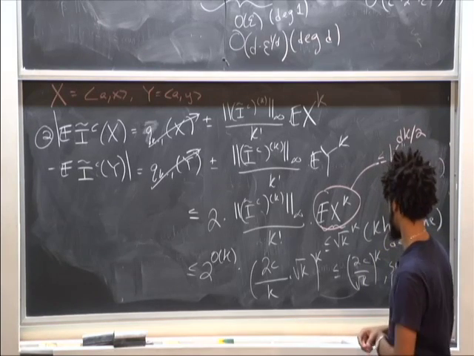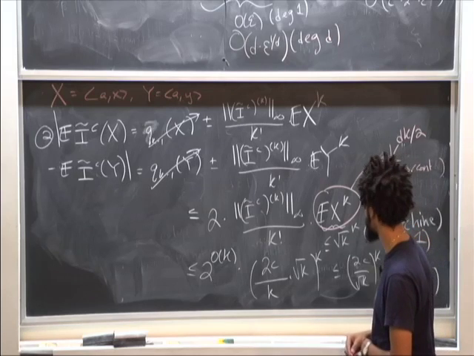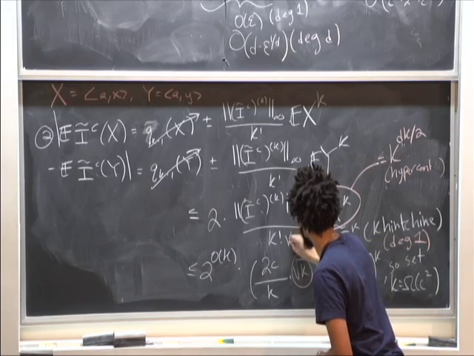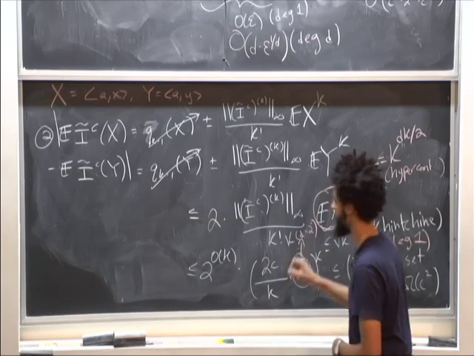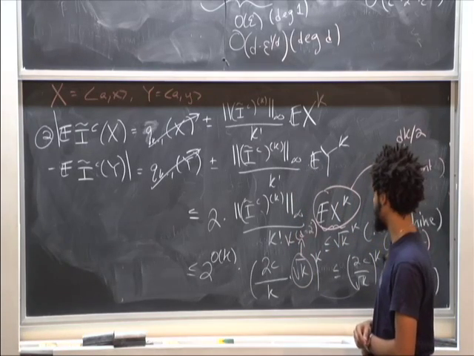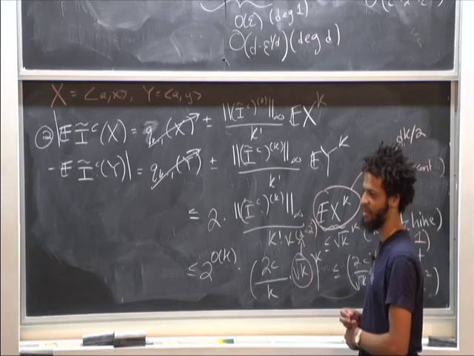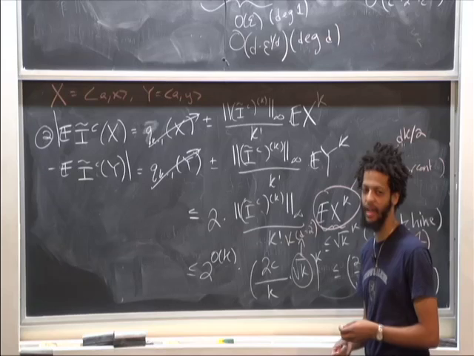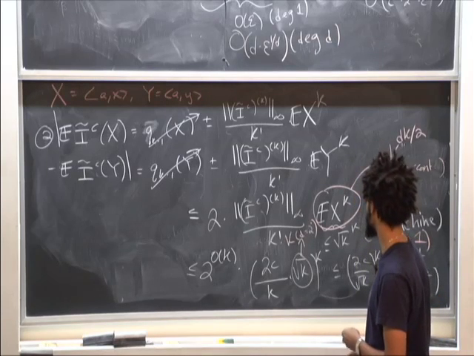Okay. So already if d equals 2, this becomes a k. And you don't gain anything by increasing k. Okay. In fact, it becomes worse. Good.